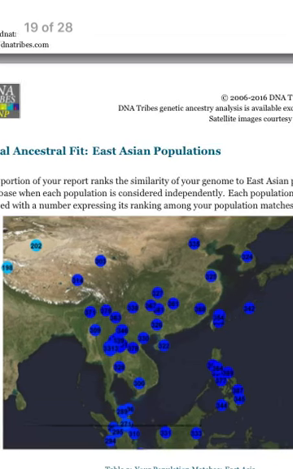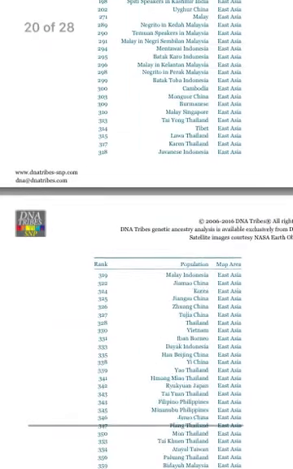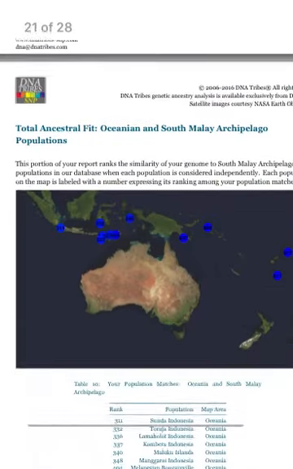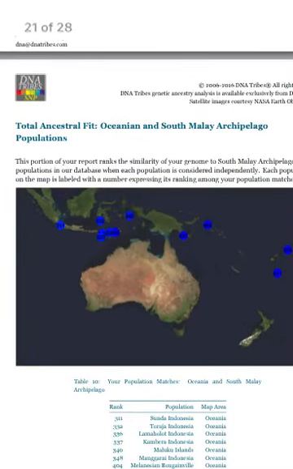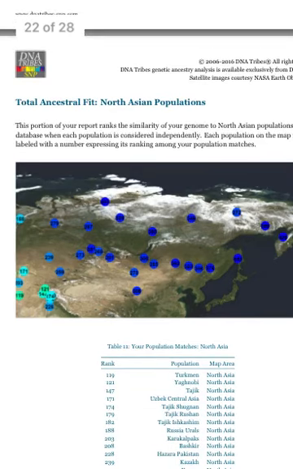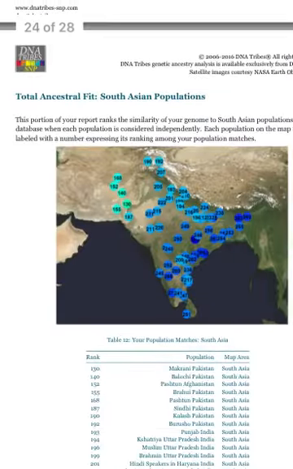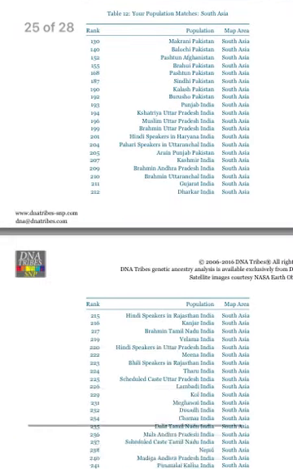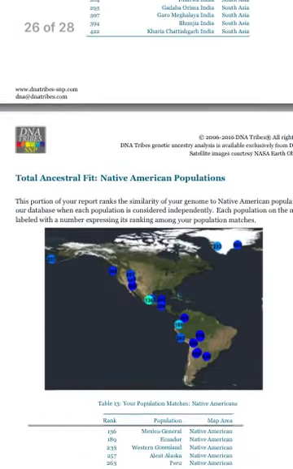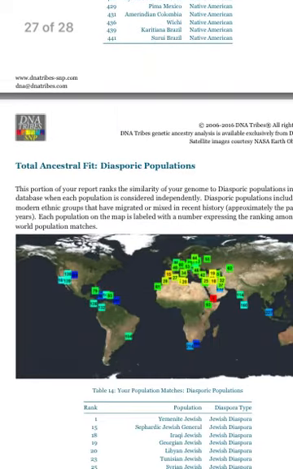East Asia, of course, I'm not close to them at all. Oceania, obviously, nothing to do with them. North Asia, nothing. I'm just going to get to the point. South Asia, not really close to them. Native American, not really close to them.